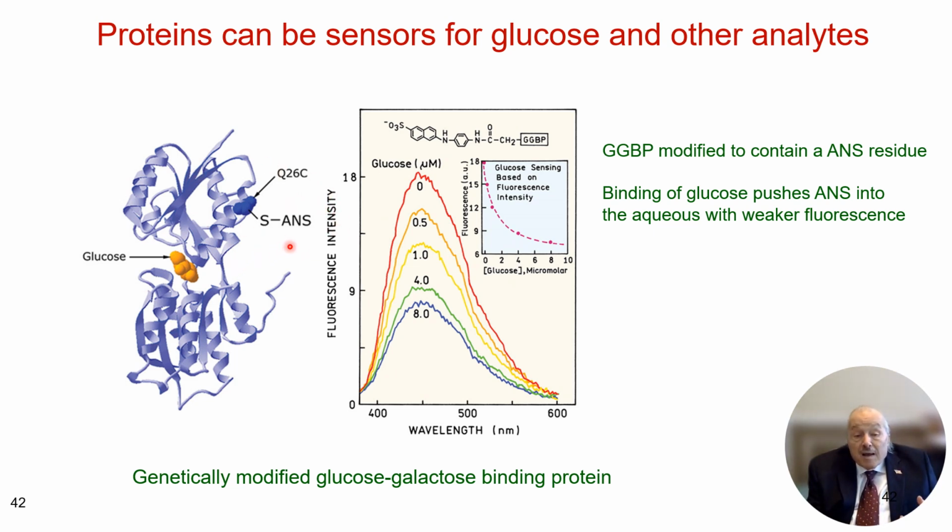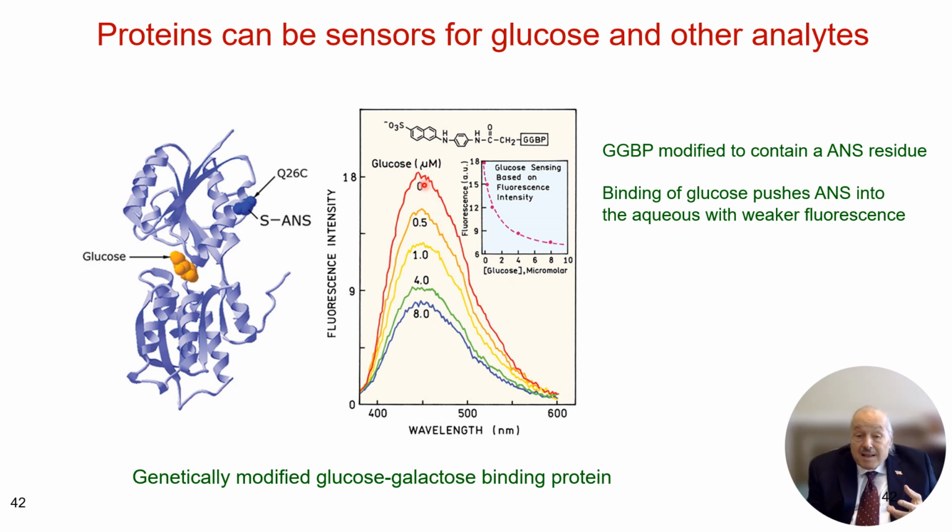We genetically modified the protein, put in a sulfhydryl group. The sulfhydryl group was labeled with ANS, which you might remember is a very polarity sensitive molecule. And we found that when glucose binds to the protein, the ANS fluorescence drops.